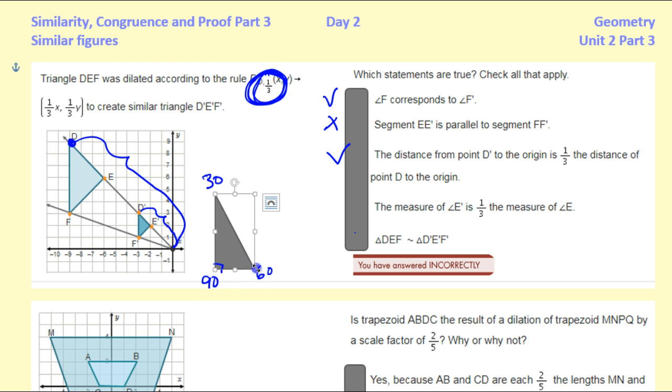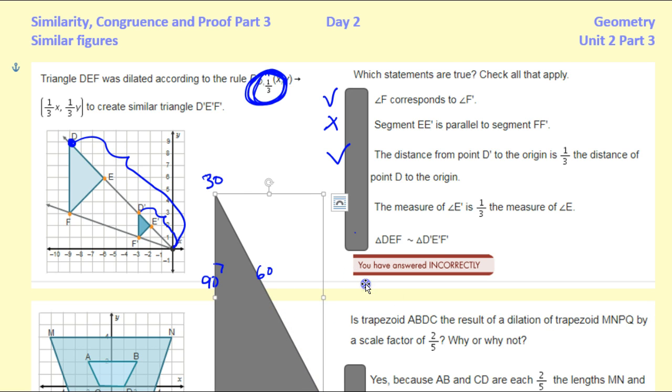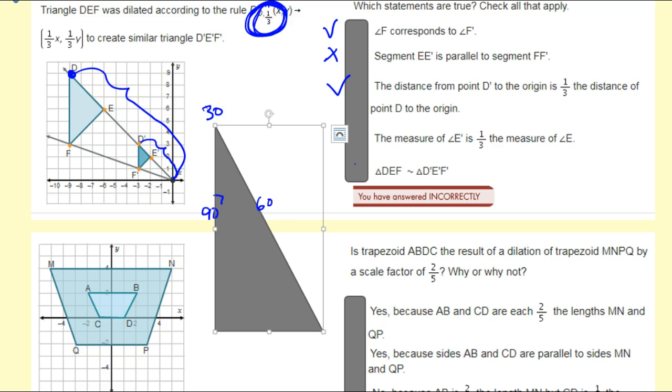If I do a dilation where I'm going to grab this and grow it, guess what? The angles don't change. This is still 30 degrees, and this is still 60 degrees, and this is still 90 degrees. A dilation does not change the size of the angles, just the lengths of the sides. So will it be 1/3 the size? No.